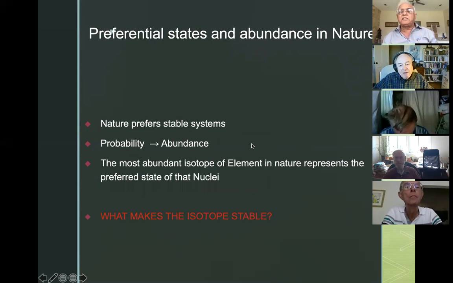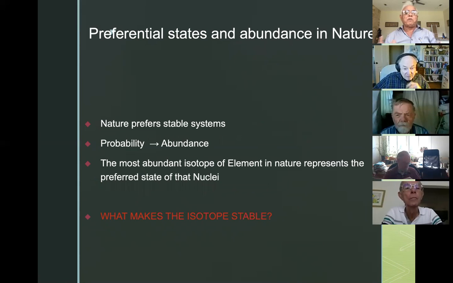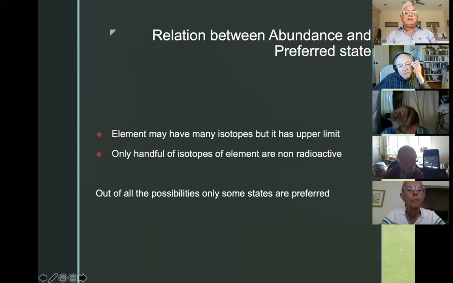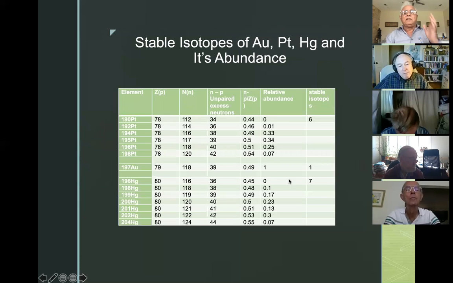Nature prefers stable systems, so the probability of a stable system goes with the abundance. If it is more abundant, and if it is only one, then that is the most preferred state of that particular element. So from this point, I said, okay, we know all this, so let's look closely at some of the isotopes.